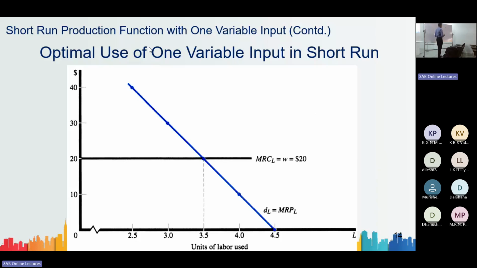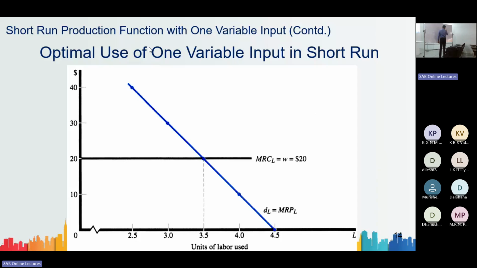For that, we use a condition, and that condition is marginal revenue product of the variable input should be equal to marginal resource cost of the variable input.